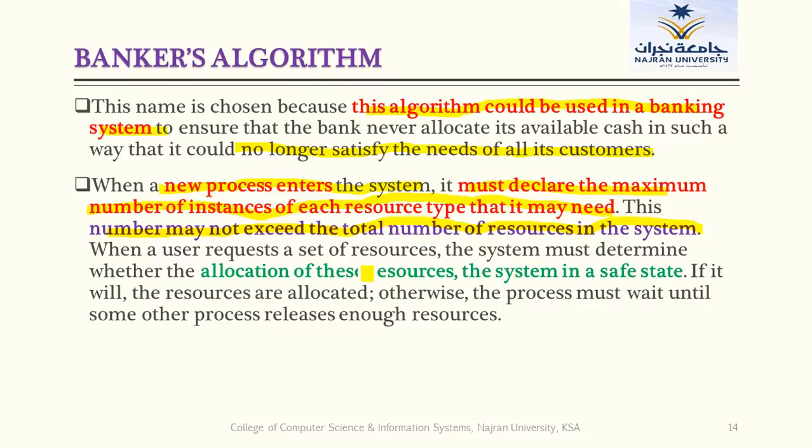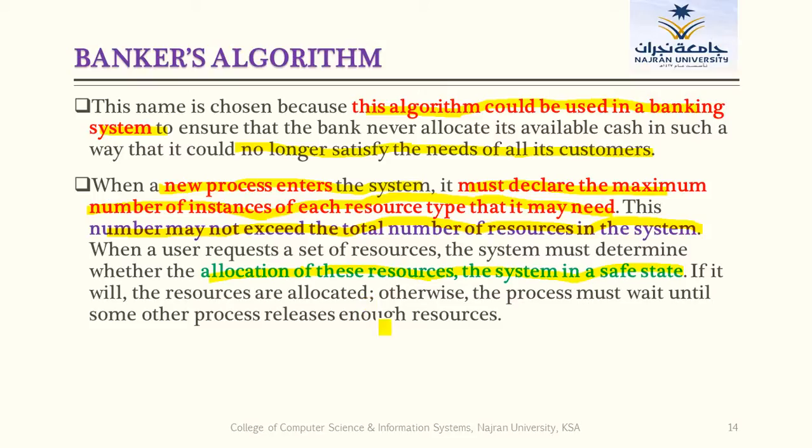When a user requests a set of resources, the system must determine whether the allocation of these resources leaves the system in a safe state, because we discussed in the first session of today's lecture that if our system is in a safe state, then there will be no deadlock, but if it is in an unsafe state, then there are chances of deadlock.